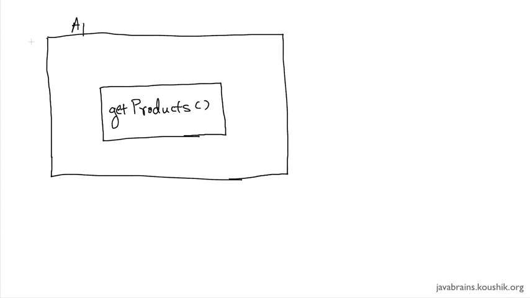Let's say this is your app server, which hosts the other parts of the application, could be other services, other pieces of code. And all these other classes and other pieces of code are now free to call this method to get the list of products, right? Since this is deployed on the same app server, it's a simple Java method call. So any of these classes can use this functionality by calling this method, right?